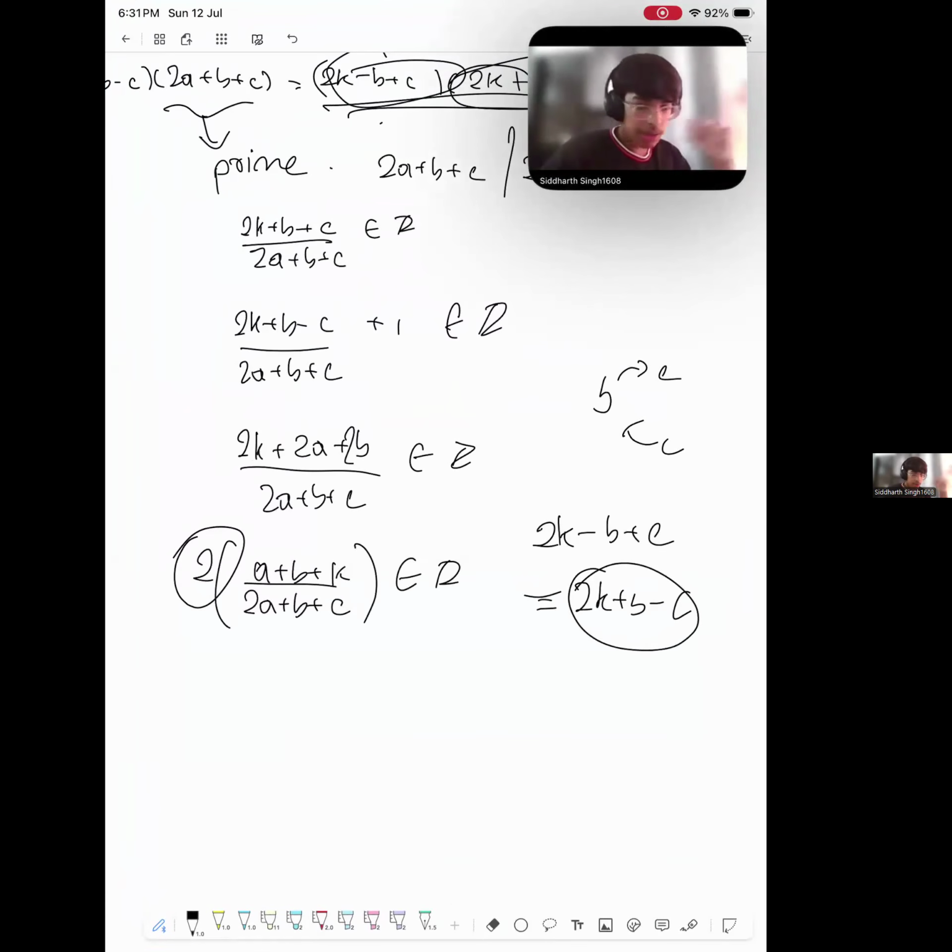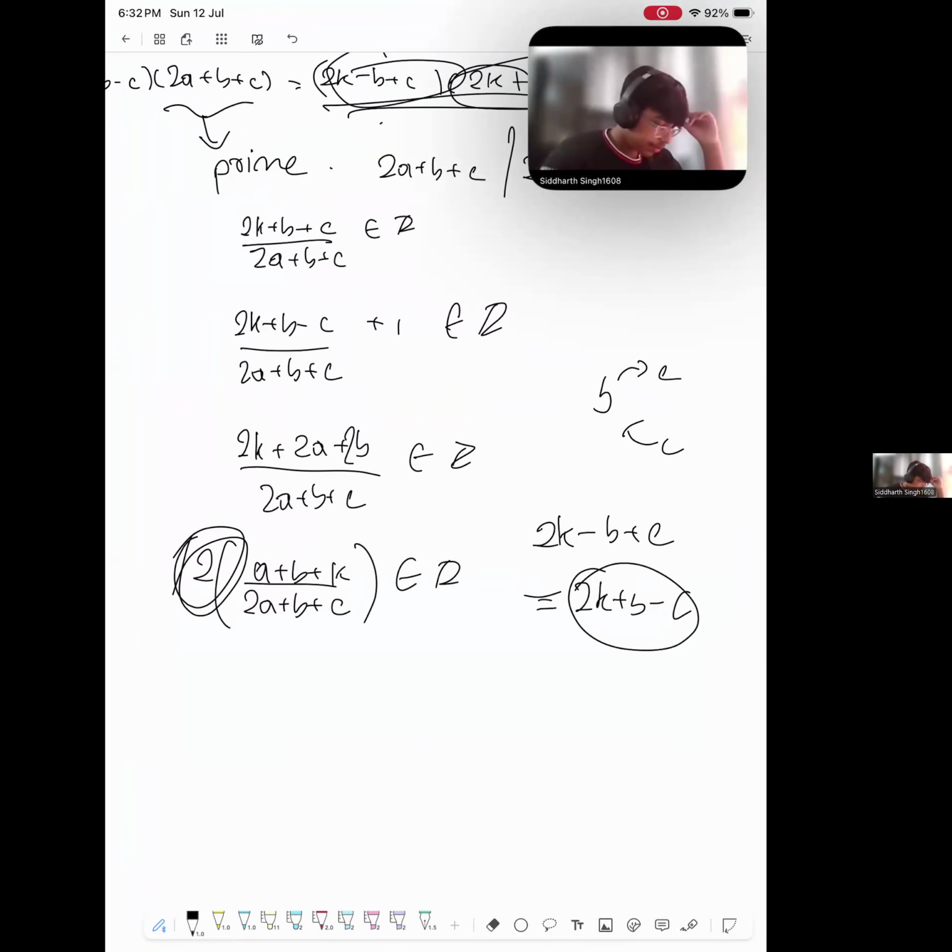Okay. Now, as initially pointed out by Aditya, what if 2a plus b plus c was even? Then this factor would matter. But then this problem wouldn't matter, because 2a plus b plus c is even, and it's obviously greater than or equal to 4 since a, b, and c are natural.